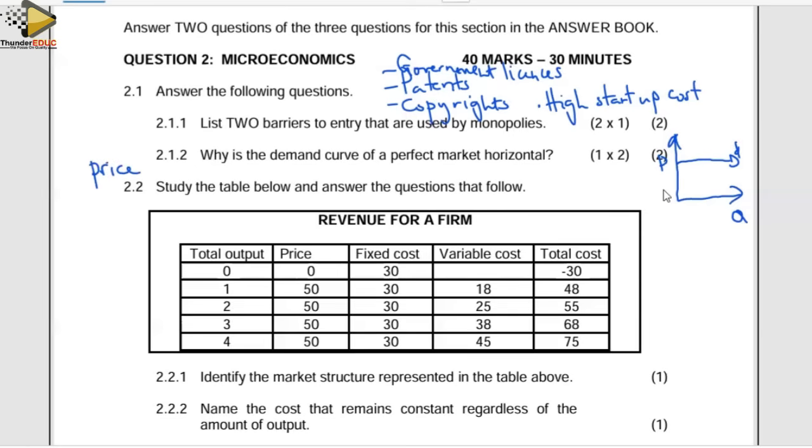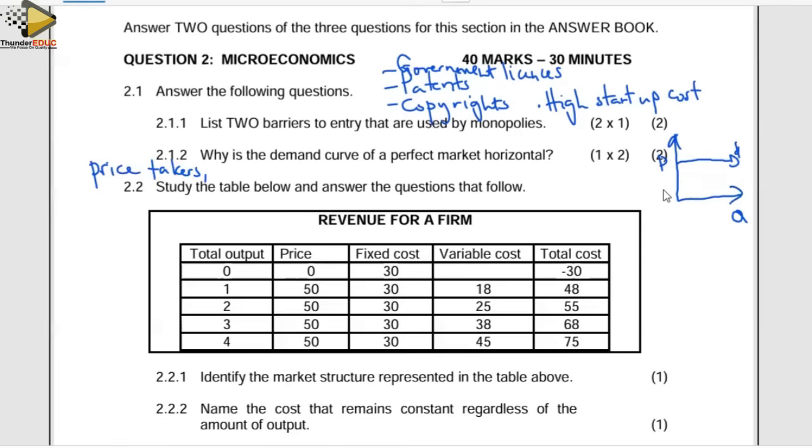Firms under perfect market conditions are price takers. They can sell an infinite quantity. The price is determined by the market force of demand and supply. That is why we're saying they are price takers, they don't have the power to set the price. So they charge a price which is determined by the market forces.